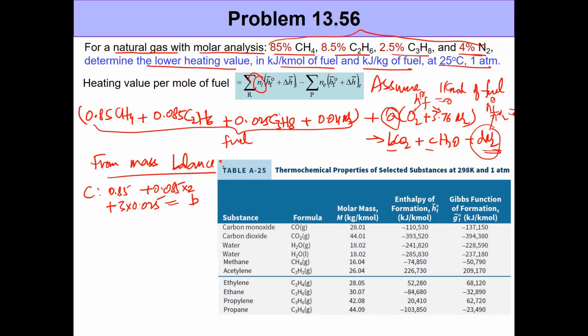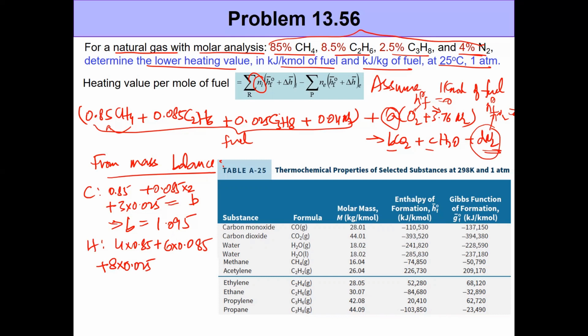Now we have all the numbers on the left. When you add them up, the value of B comes out to be 1.095. All right, so B is obtained. Now what we also need to do is to determine C. So again, we do the atom balance for hydrogen. Now hydrogen, well, it's 4 times 0.85, right? Plus 6 times 0.085 from ethane, C2H6, plus 8 times 0.025 from propane, which is C3H8.